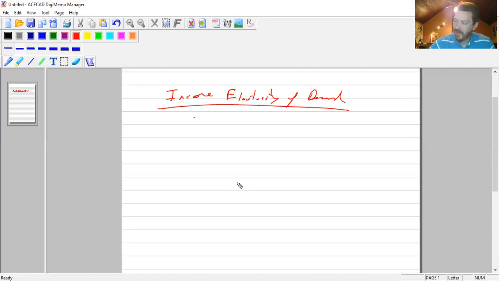Income elasticity of demand will be calculated as the percent change in quantity demanded relative to the percent change of income for the consumers in the market, right? It's the same thing. It's a concept that relates to how responsive demand is to a given variable, but here the variable is simply income rather than price. No big deal, same concept. Of course, this is going to be positive or negative based on whether this is a normal good or an inferior good.